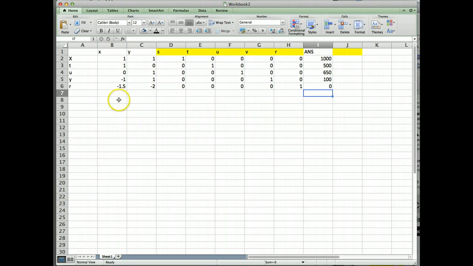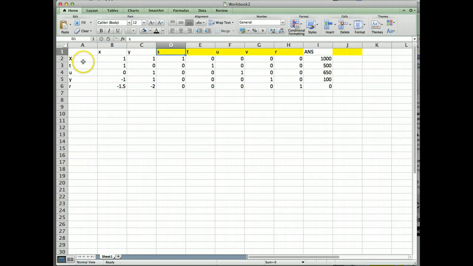After we've typed out our matrix, we want to identify what are called the basic variables. The basic variables have all zeros in the column except for one. You can see S, T, U, V, and R, all of my slack variables, are also basic variables. They have zeros almost everywhere except for one entry. So I've dyed them yellow just to indicate that they're slack variables.